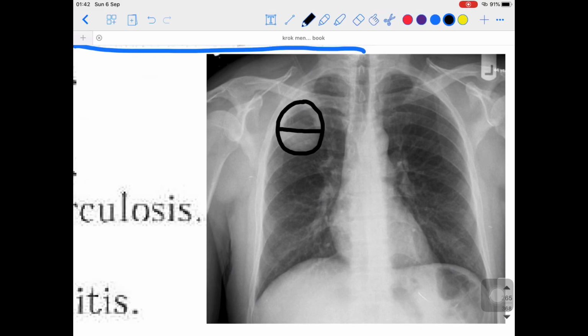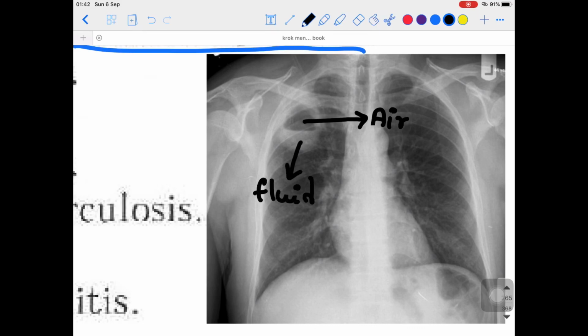What you can appreciate in this one, that is black. So what is that? This is air. Let me clear it for you so that you can easily appreciate. Okay, so what is that over here? This thing is air, and this thing is fluid, isn't it? This thing is air, this thing is fluid. Fine.